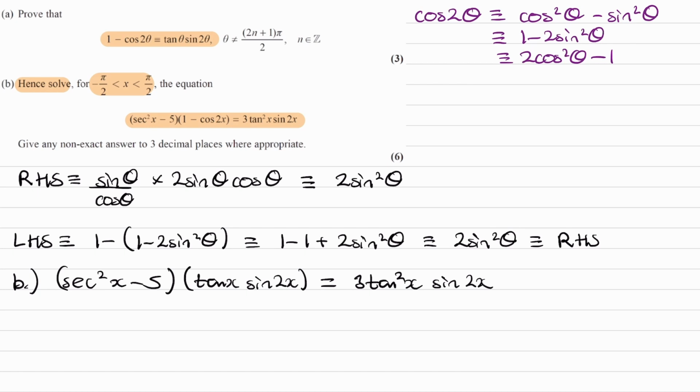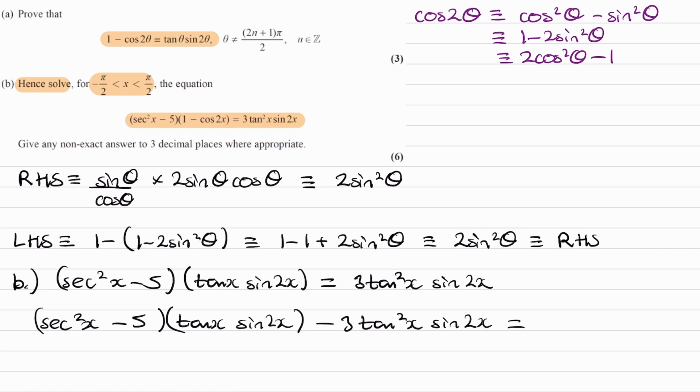So I'll bring the term that we have here to the left-hand side, and then our equation becomes sec squared x minus 5 multiplied by tan x sine 2x, and then move the right-hand side to the left-hand side, so 3 tan squared x sine 2x. And now we can factorize.